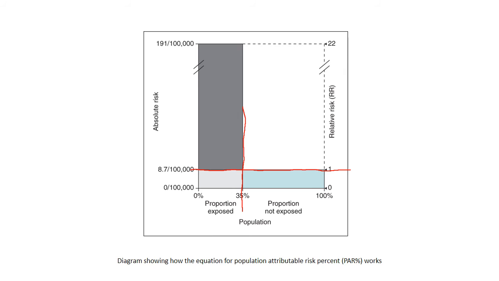So this section here is the non-exposed, the greater population, who would have died of lung cancer regardless. They were unexposed, but they are going to die. They have a set risk. We also want to get rid of the risk of those smokers in the population who were going to die of lung cancer anyway, despite the fact that they were smoking.